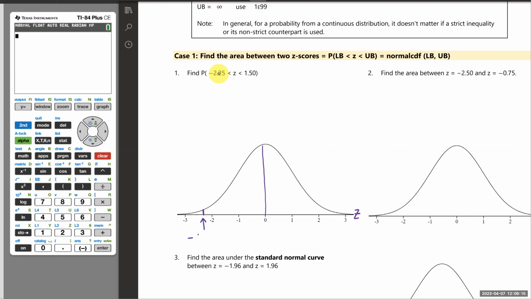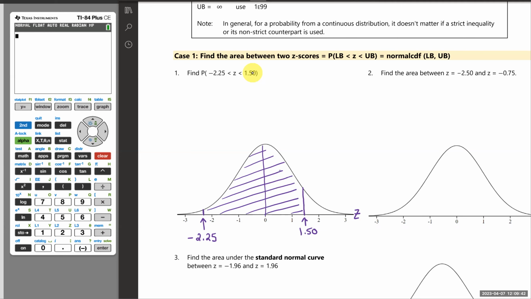A negative z-score will be to the left of 0. And then my upper bound is 1.50, so that will be to the right of 0 because it's a positive z-score. And this is the area that would correspond to that probability question.